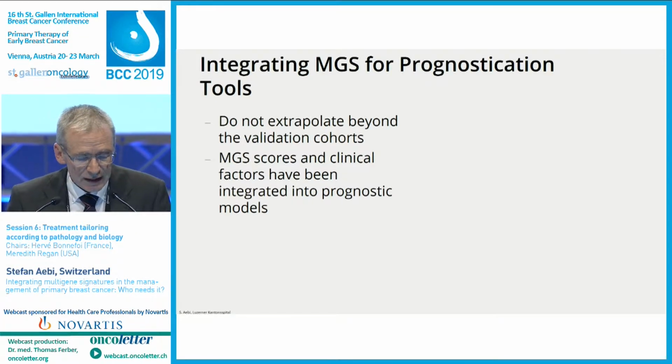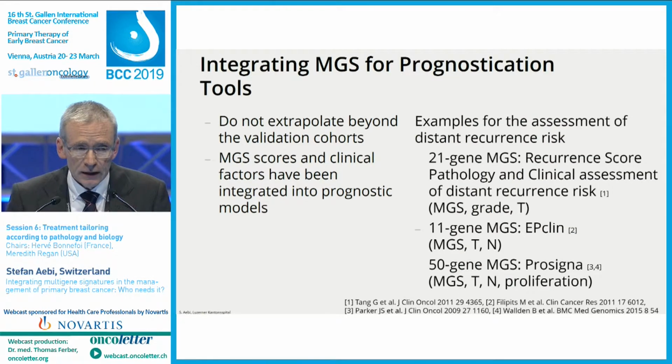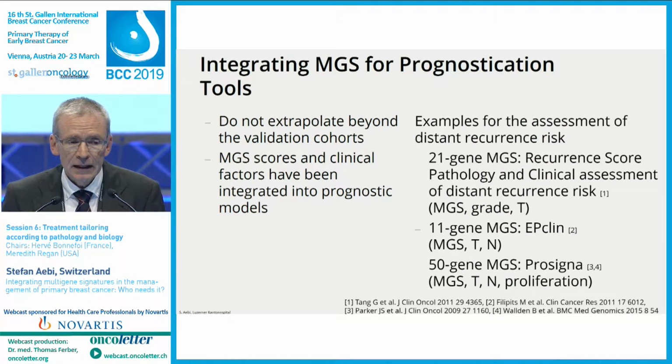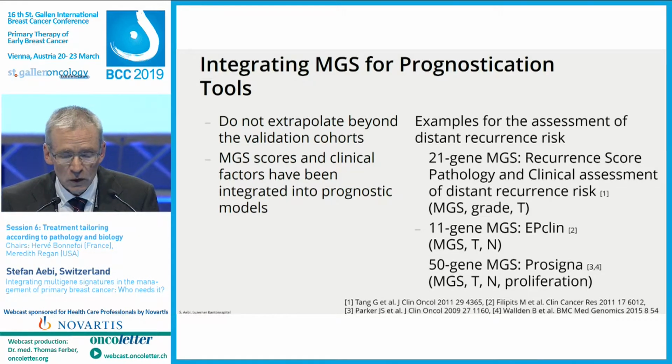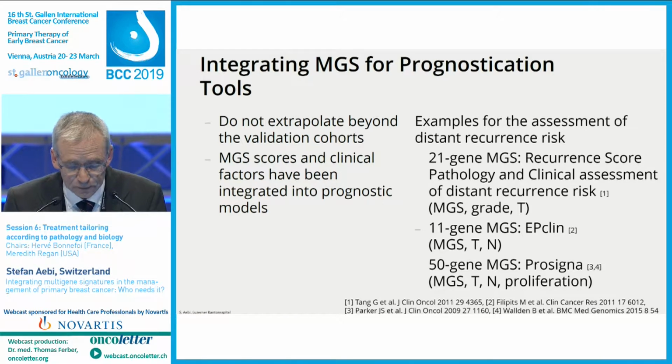But MGS scores and clinical factors have been integrated into prognostic models. I've shown one example before, and here I show you a few more. The 21-gene MGS has been integrated with clinical factors in the RSClin score. It does improve prognostication.